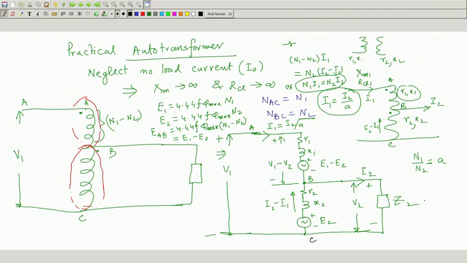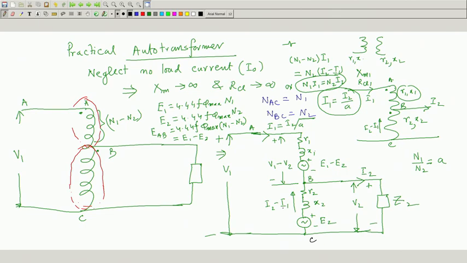Now, without having an equivalent circuit drawn, this circuit as such is also electrically connected, so it looks like a network problem. That way it can be solved: if you know V 2, I 2 and these parameters, then with the two loops, two meshes, this circuit can be handled.